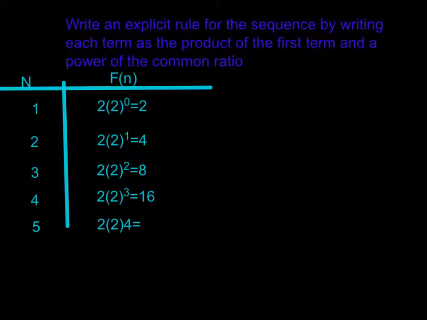Write an explicit rule for the sequence by writing each term as a product of the first term and the power of the common ratio. So that means to find the first term, you multiply the first number of the table, and since it's the first term, there's no term before that, so it's at the 0 power.